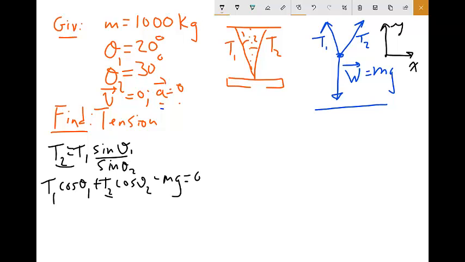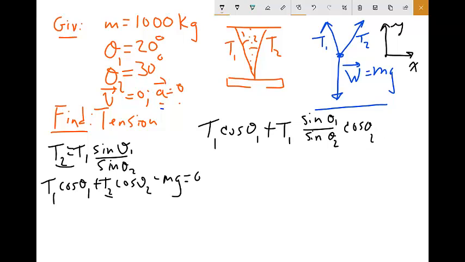So I'm going to wind up with T1 cosine theta 1, and then I'm substituting in T2, so I'll have a plus T1 sine theta 1 divided by sine theta 2, and then I need to multiply by cosine theta 2 minus mg, and this is all equal to 0. I can solve this for T1.